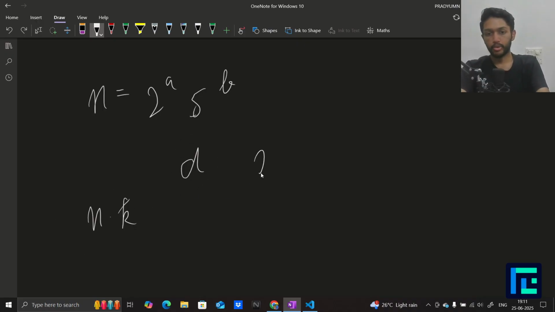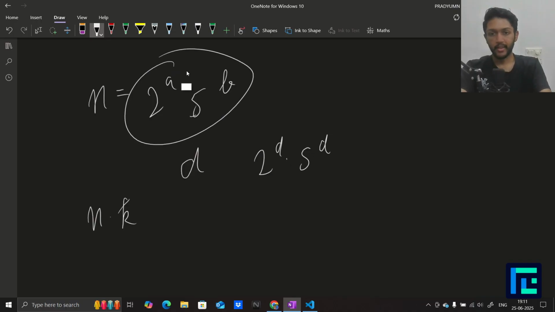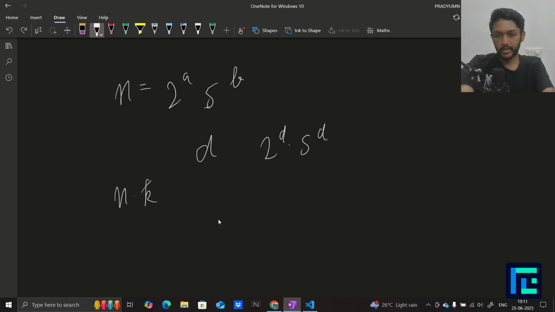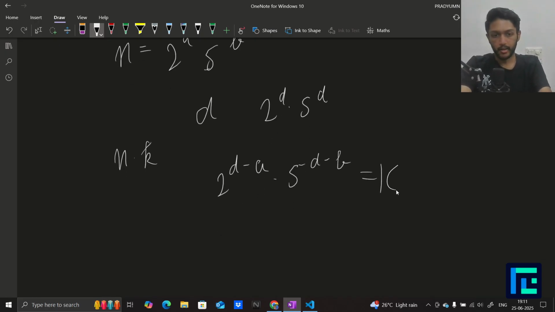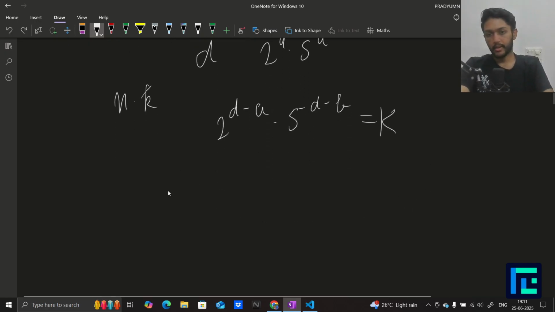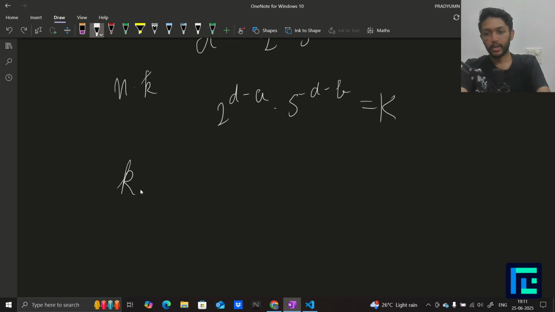Then I will need 2 to the power d and 5 to the power d. And if we already have a and b in n, then in k I need at least 2 to the power d minus a and 5 to the power d minus b. Let's say this number is capital K. So I want my small k to be a multiple of capital K.